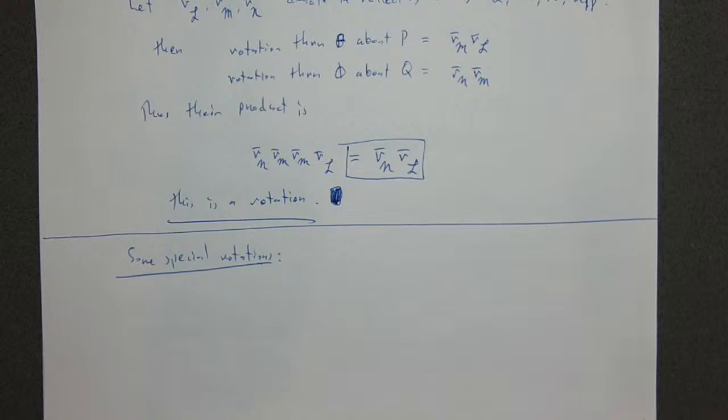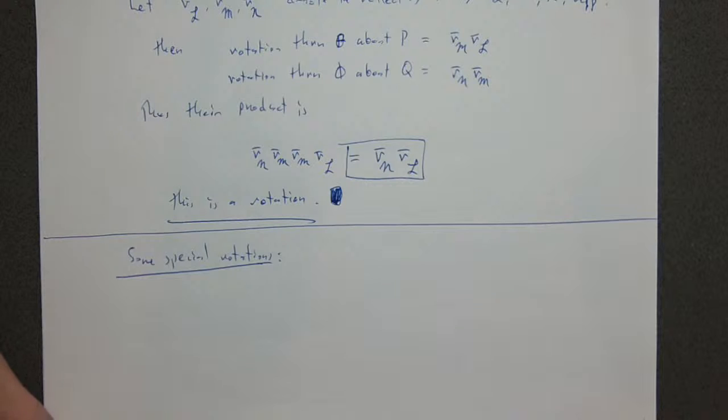You may be getting a feel now that rotations are very easy to talk about in the plane, but rotations in space are a lot more complicated because there's a lot more ways to rotate, right? There's a lot more room to rotate. And you might have first encountered this when you thought of, say, spherical coordinates. If you think of spherical coordinates coming from Calc 3 or wherever you first encountered them, then this is encoded in that there are just more ways to rotate in space. So you have to be careful how these things are considered.